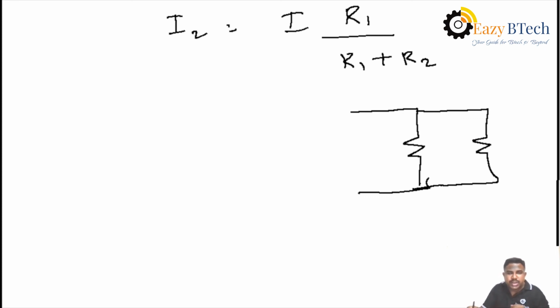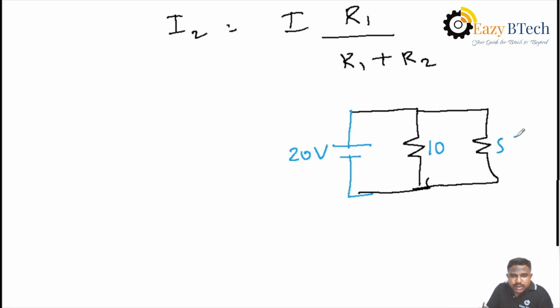You have taken the supply voltage as a 20 volt source. The first element is 10 ohms and the second element is 5 ohms. Then we have to apply and verify KCL. The total current is taken as I. This branch current is taken as I10, and this branch current is taken as I5.